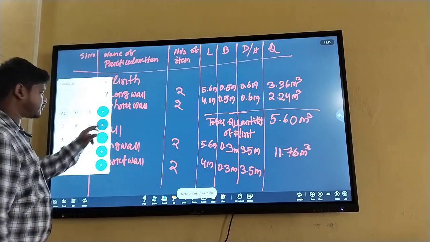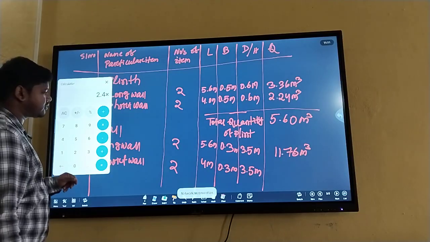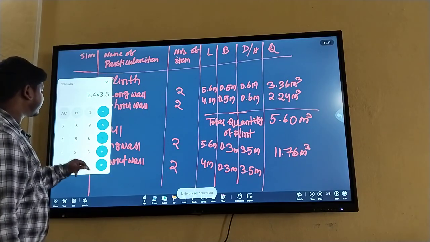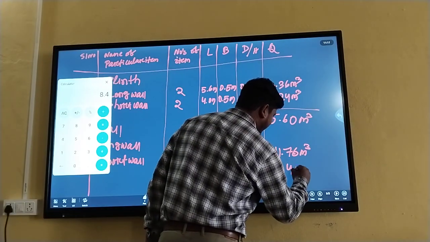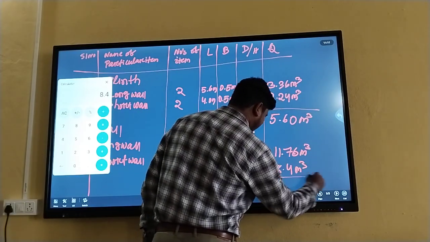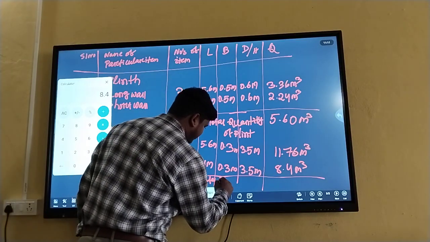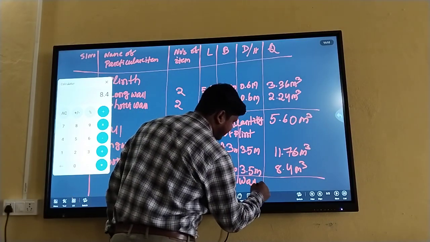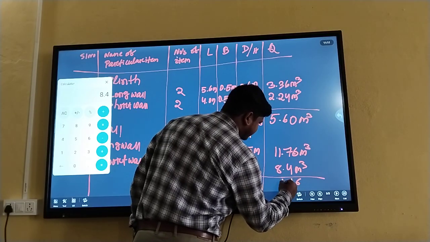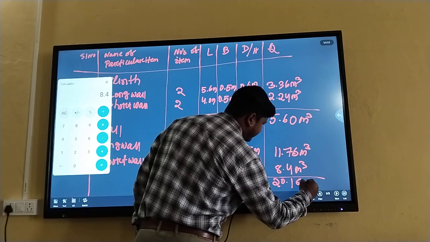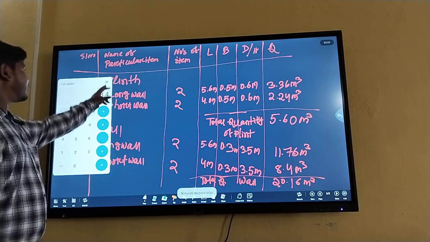For short wall, 2 into 4 into 0.3 into 3.5 equals 8.4 meter cube. So total quantity of wall will be 20.16 meter cube.